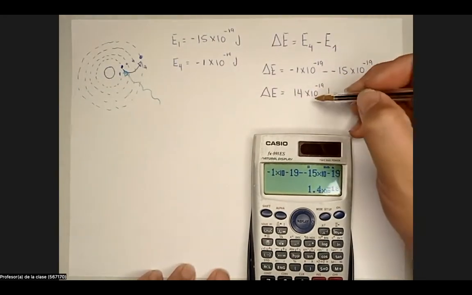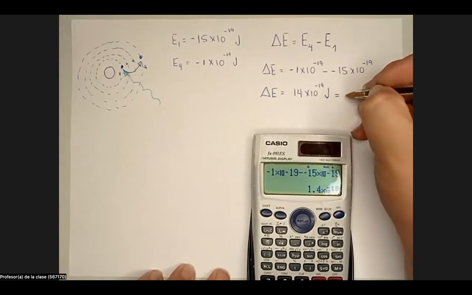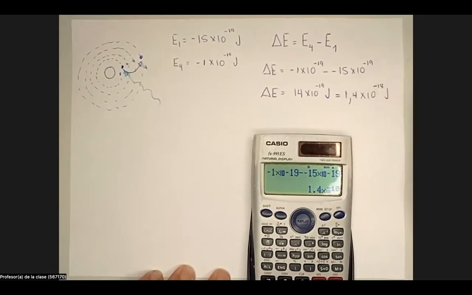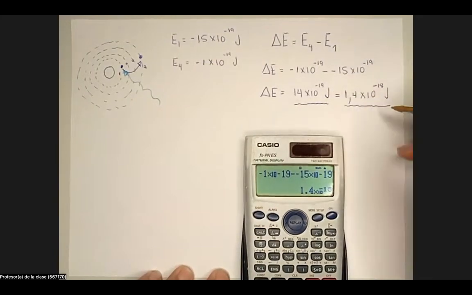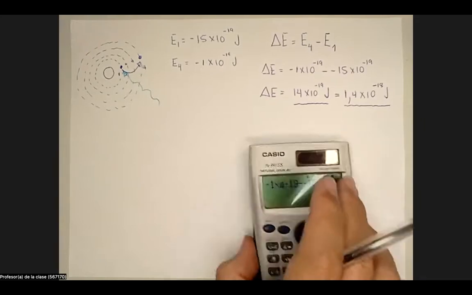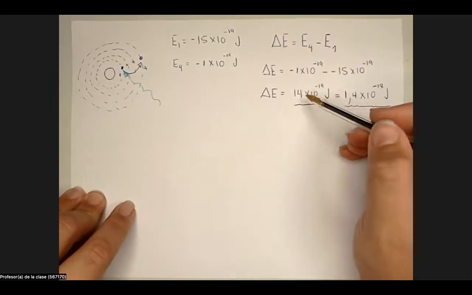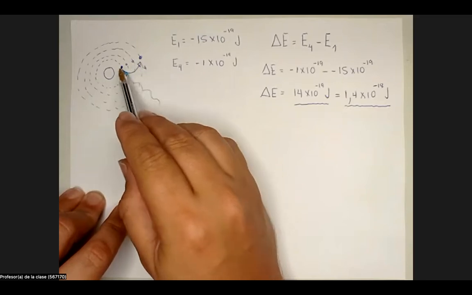This 14 by 10 to the minus 19 exponent will be the same, for example, as 1.4 by 10 to the minus 18 exponent. Those numbers will be the same, thanks to that scientific notation. Okay, that's it. This is the energy that the electron needs to jump from 1 to 4.